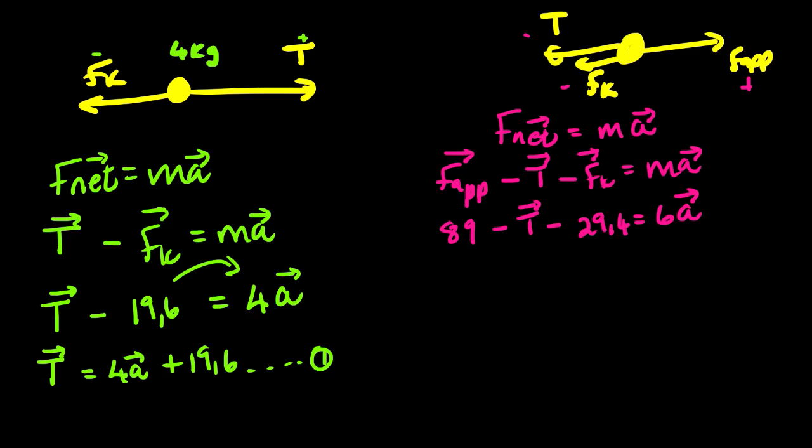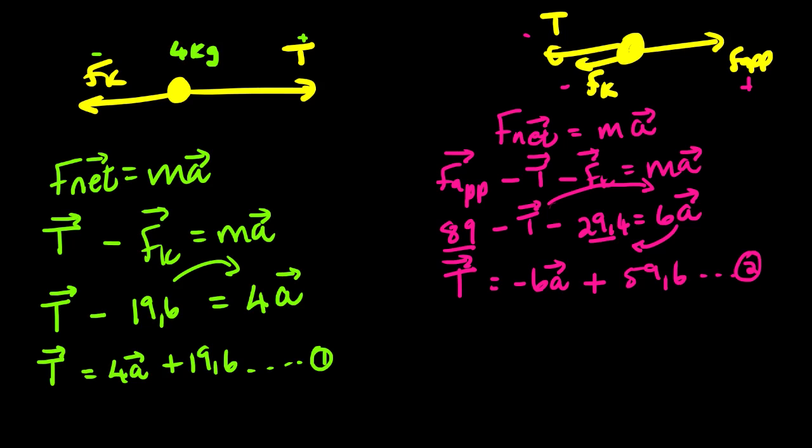Then let us make T the subject of the formula also. We take this T to the other side and bring the 6a to the other side. So we have T equals negative 6a. Then we can quickly solve this: 89 minus 29.4, we get positive 59.6. This will be our equation number 2.